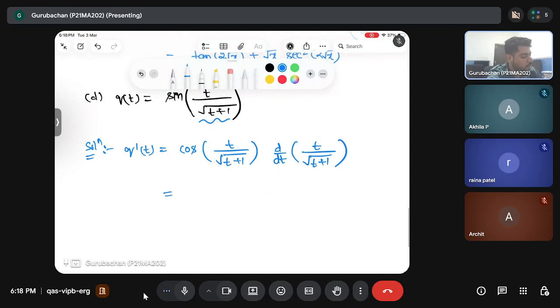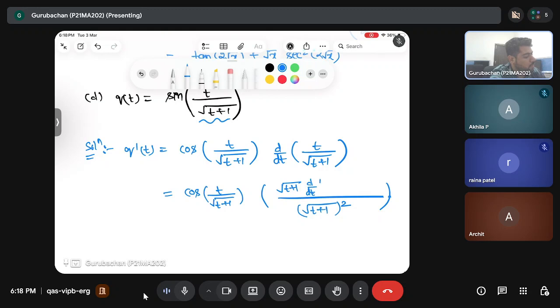So this will be cos t by under root of t plus 1. So here we try to apply the quotient rule. So what it says: this will be under root t plus 1 whole square, under root t plus 1 d over dt of t minus t as it is, d over dt of under root of t plus 1.